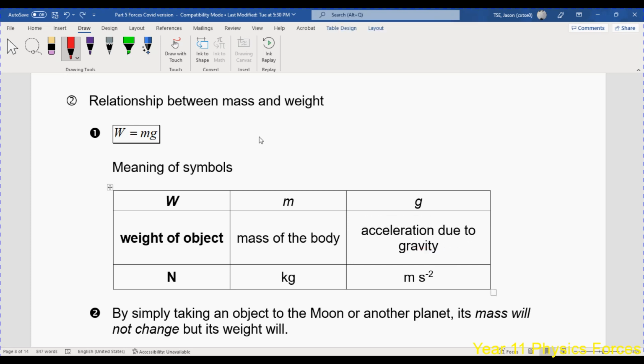And we have a value for g. g normally just means 9.81 meters per second squared. So the weight can be found by using that formula. If you know your mass, then your mass times g would be your weight.